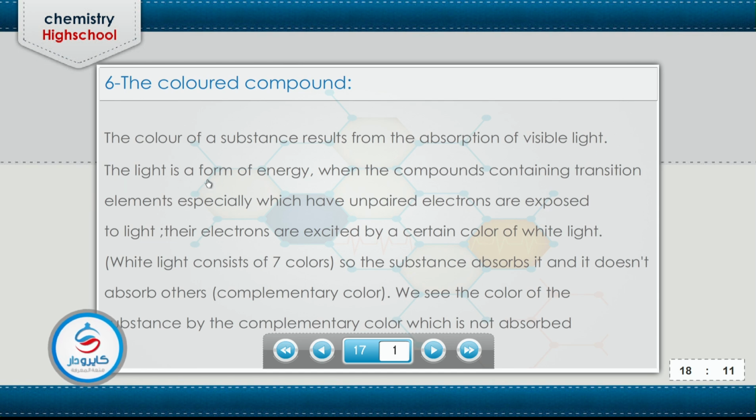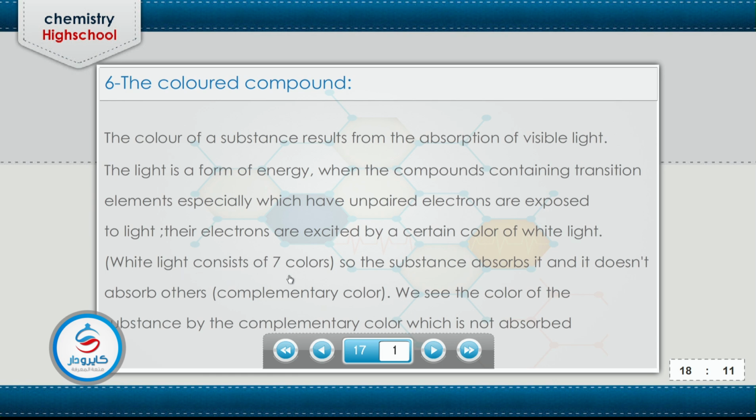The light is a form of energy. When compounds containing transition elements, especially those which have unpaired electrons, are exposed to light, their electrons are excited by a certain color of white light.